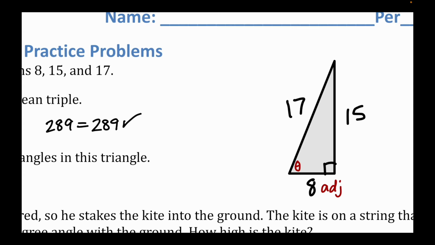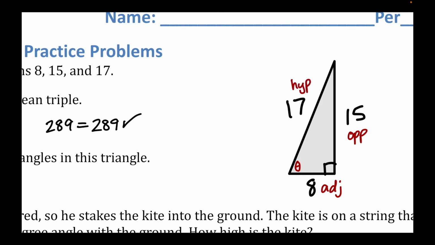So you'll technically have two that are right next to your angle and one that's across. 17 is always going to be the hypotenuse, but the leg right next to your angle is your adjacent. The angle is always formed by the hypotenuse and the adjacent leg. They make up the spot where the angle meets. So that makes 15 our opposite, and 17 is the hypotenuse.